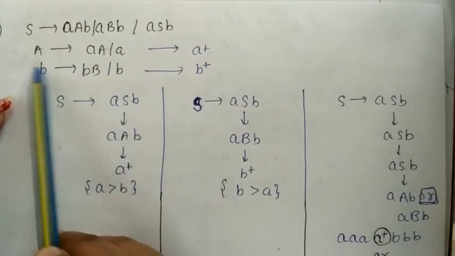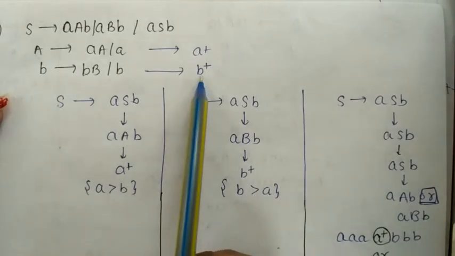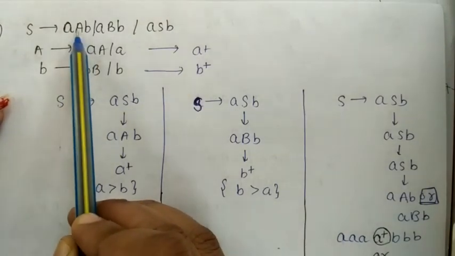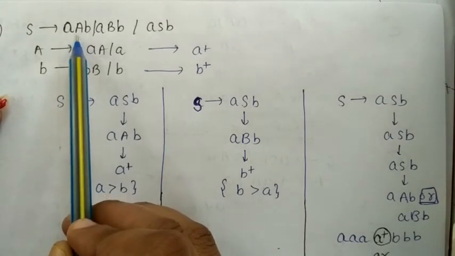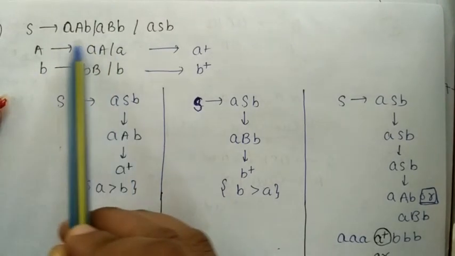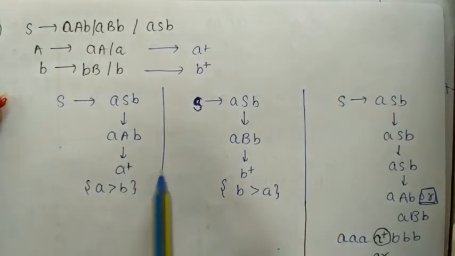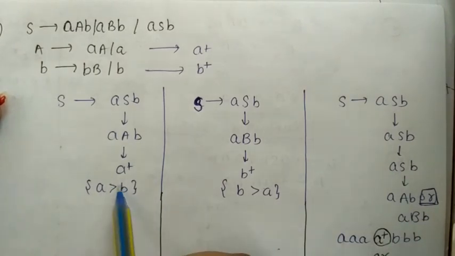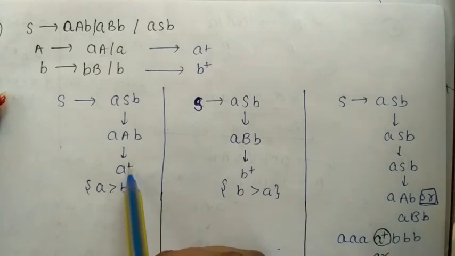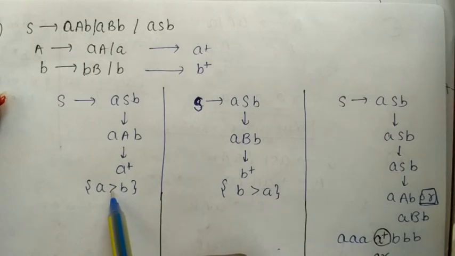This is the grammar for A plus, and this is the grammar for B plus. Now if you replace this A, you will have to replace by this only, which will result in A plus. That means there will be only one B, and A will always be greater than B, because A plus can generate any number of A's.